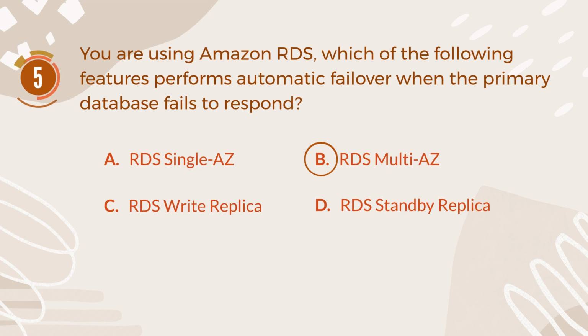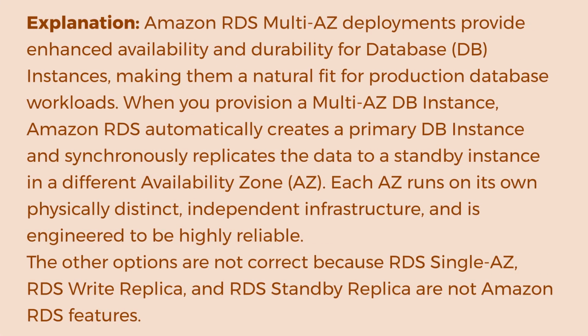RDS Multi-AZ. Explanation. Amazon RDS Multi-AZ deployments provide enhanced availability and durability for database (DB) instances, making them a natural fit for production database workloads. When you provision a Multi-AZ DB instance, Amazon RDS automatically creates a primary DB instance and synchronously replicates the data to a standby instance in a different availability zone, AZ.